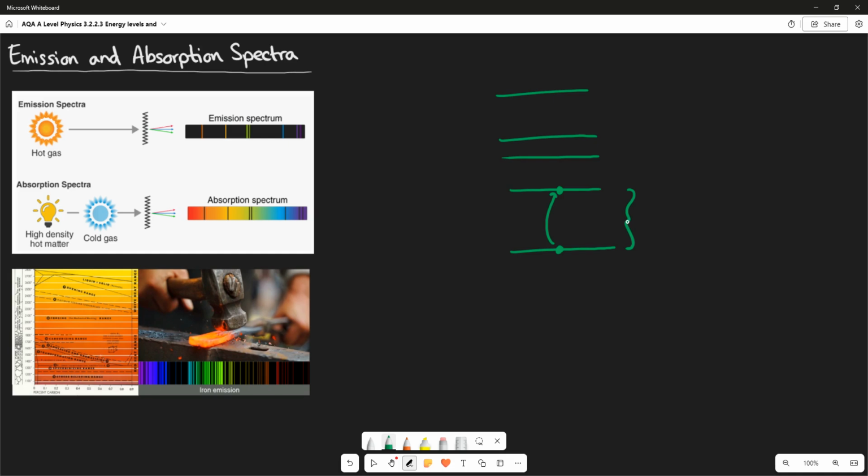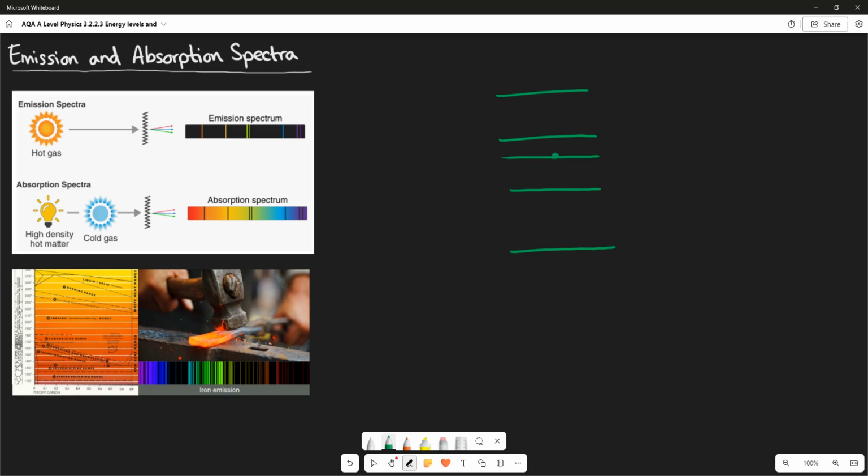But if it's by the absorption of a photon, then that photon needs to have this amount of energy, and therefore would need to have that frequency. When an atomic electron absorbs a photon, it is absorbed in its entirety, which is different from when we have collisions with external electrons.